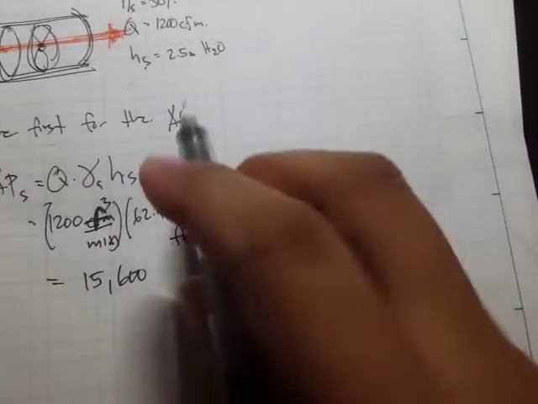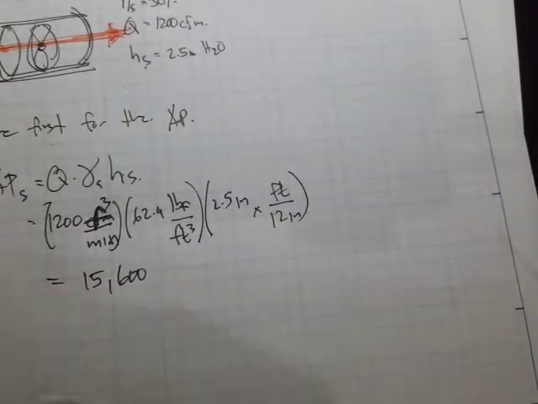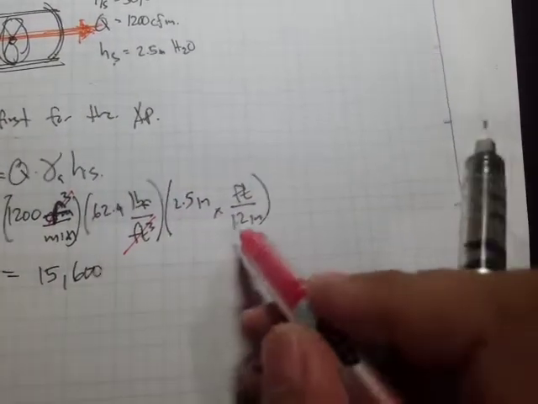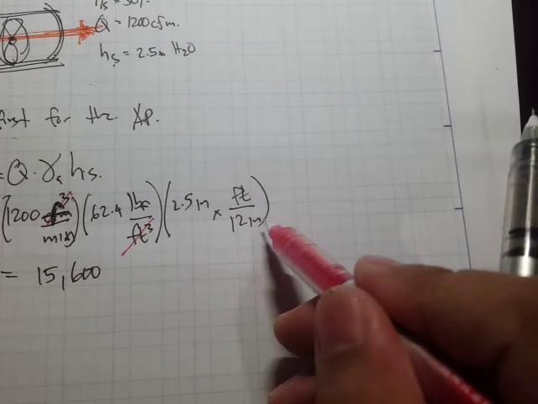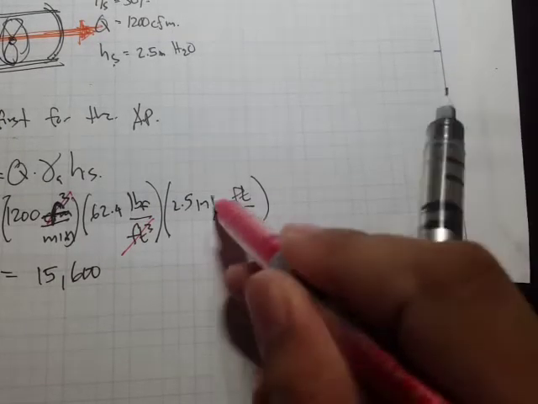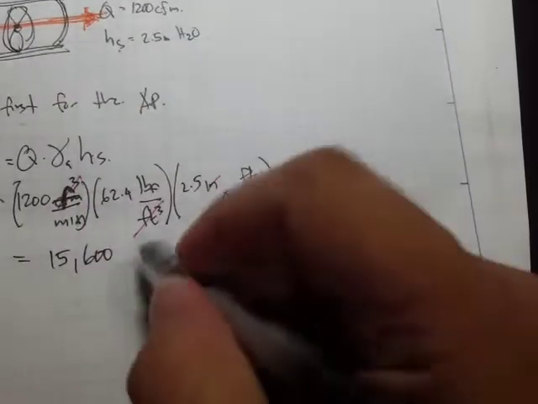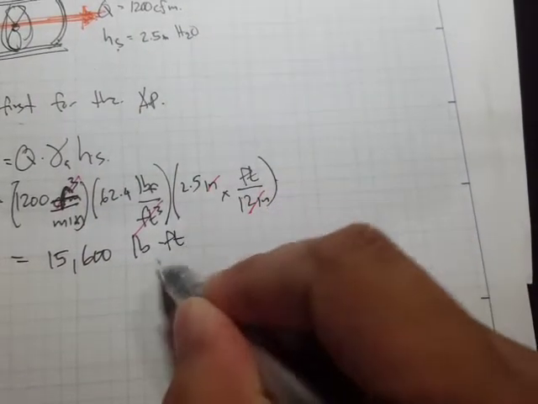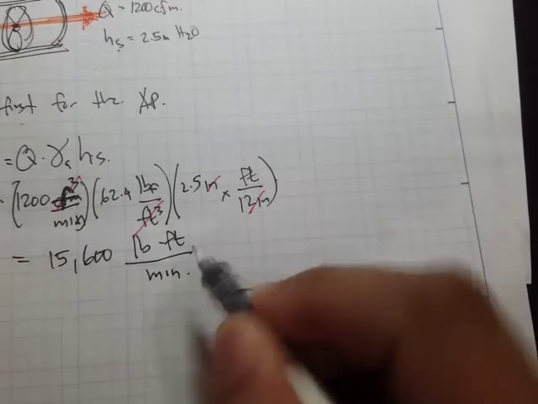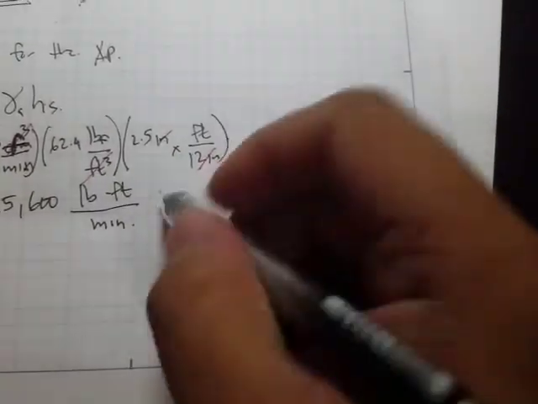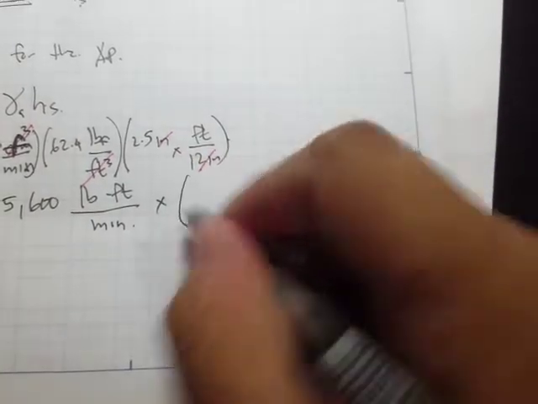So the units would be, since this is feet cube per minute, this is also feet cube. What else? This is inch and inch. So what's left is pound foot per minute. So pound foot per minute, that's actually a unit of power. And the conversion to HP is, take note of this conversion.